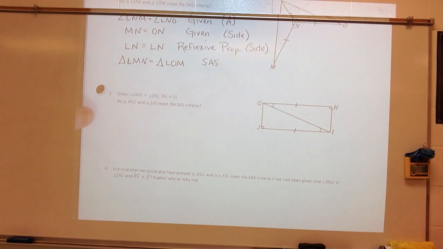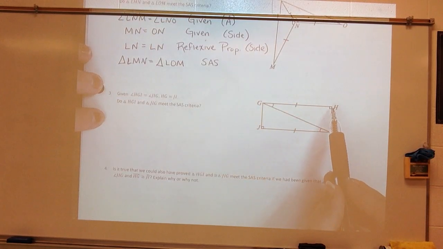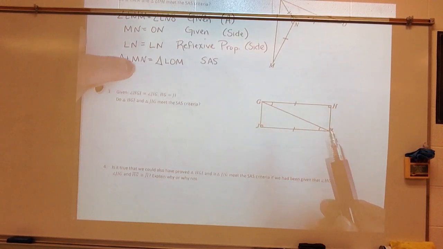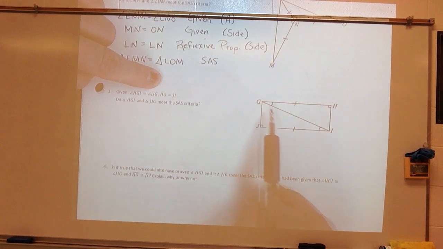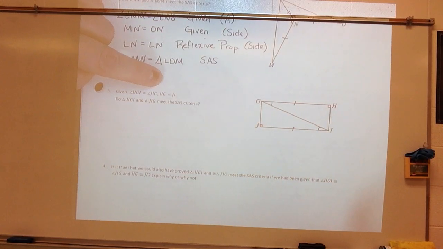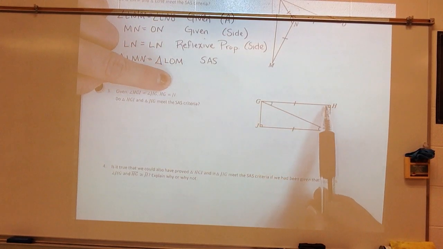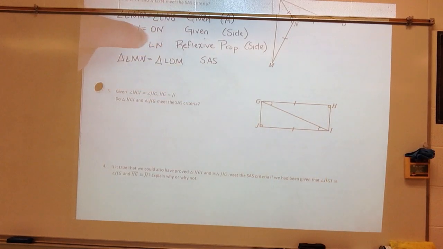Alright, let's look at this. Given that the measure of angle HGI, this angle here, is equal to the measure of angle JIG, this angle here, and then HG is equal to JI.